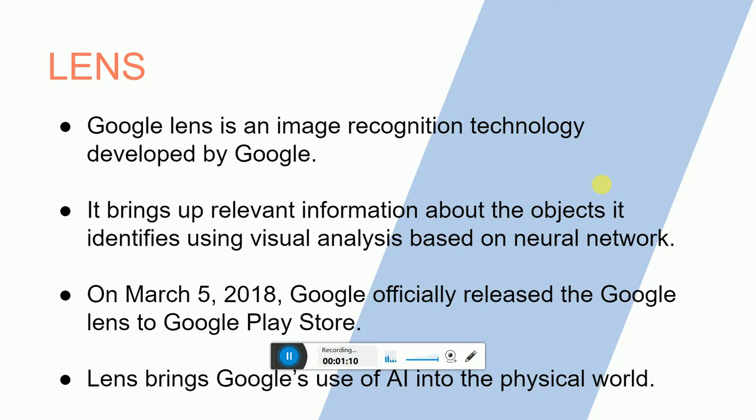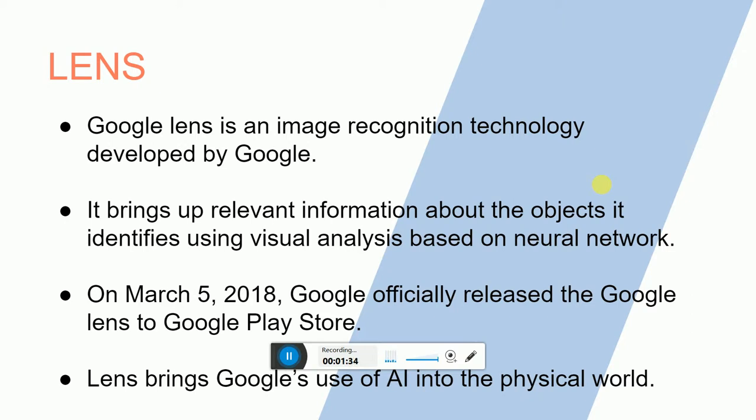Google Lens officially launched on October 4th, 2017, with preinstalled previews only on the Google Pixel phones. But on March 5th, 2018, Google officially released Google Lens into the Play Store. It requires Android Marshmallow or a higher version.